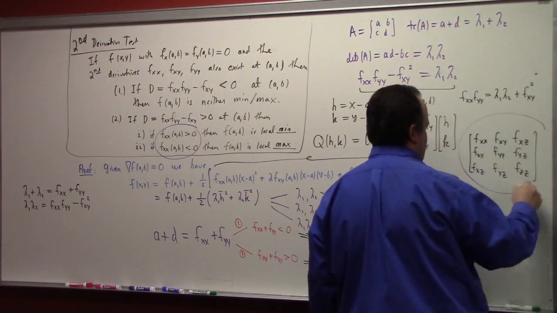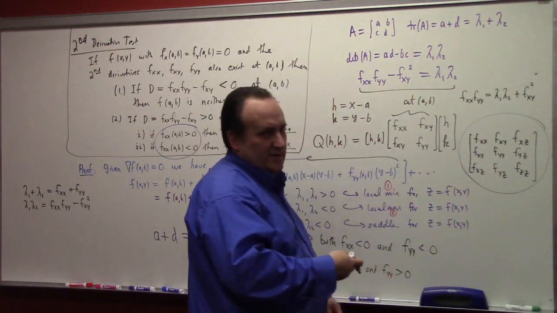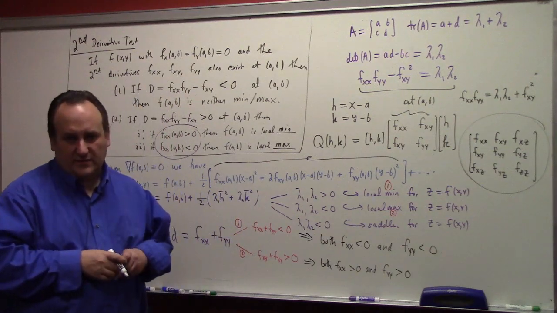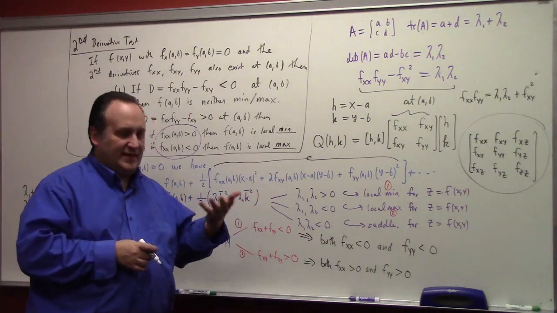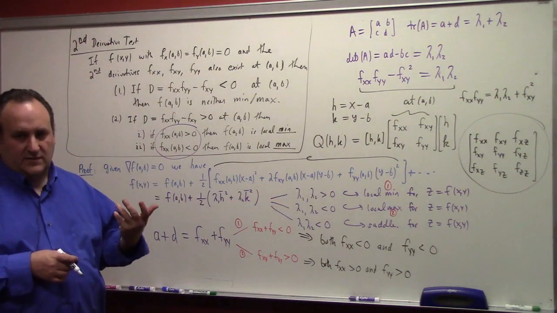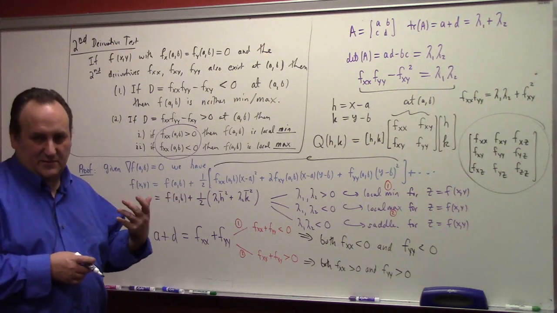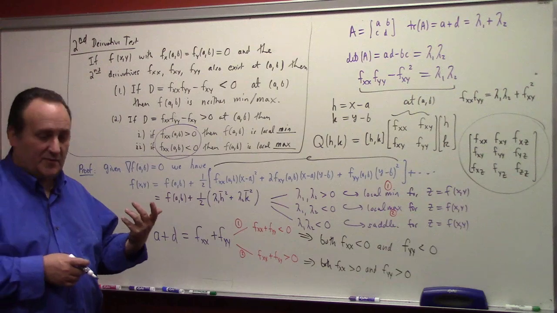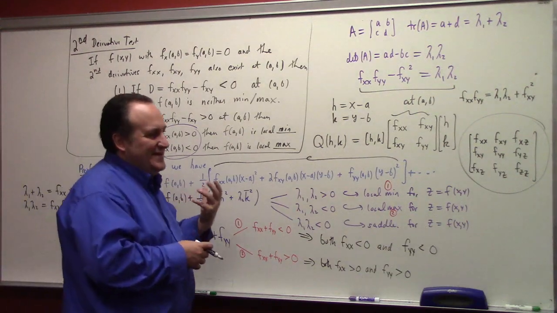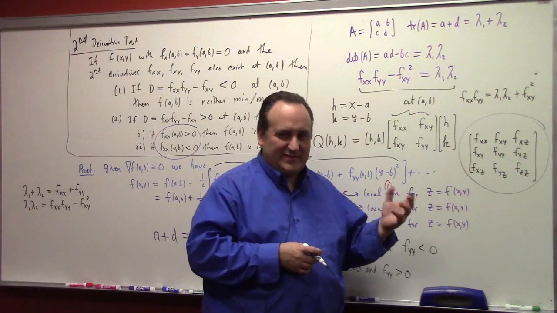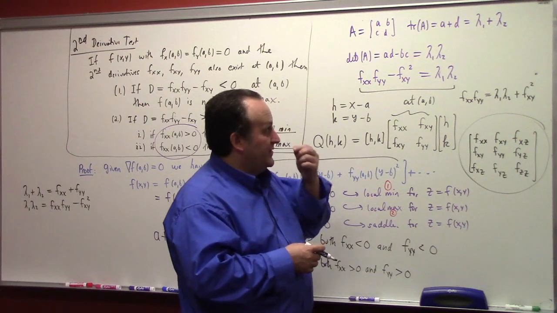If you look at this 3-variate Hessian matrix, if its determinant is negative, it's a saddle. If its determinant is positive, it's a local max or min, assuming you're at a critical point. But then sorting out which is the max and which is the min would be a little bit more involved.